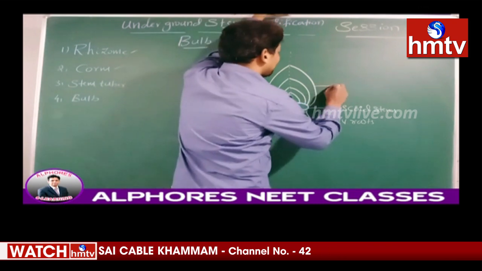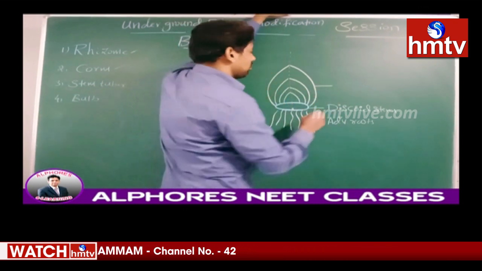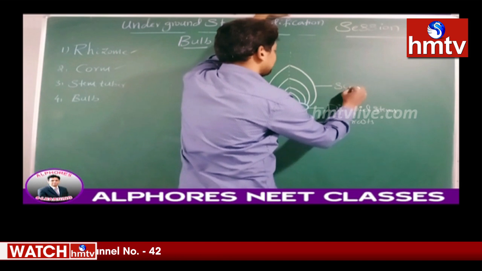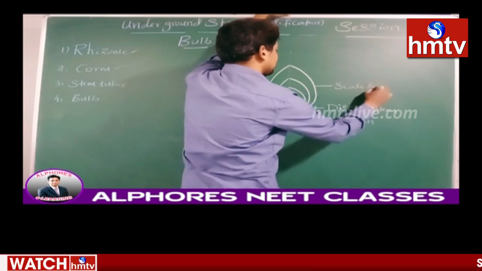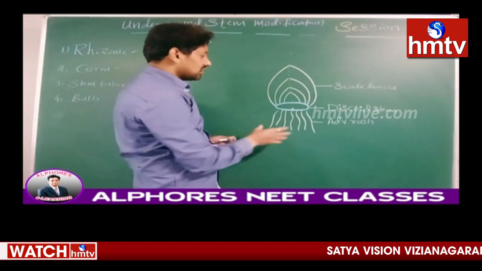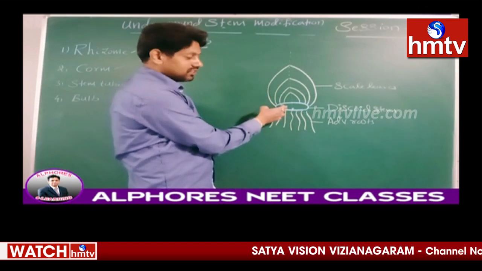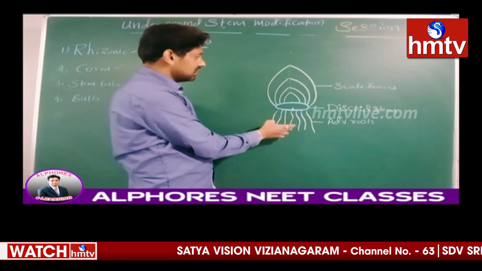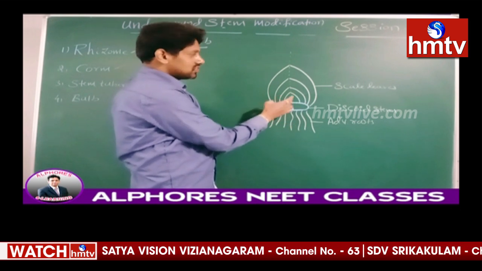Whereas from the upper surface of this discoid stem, scale leaves are developed. See this diagram? This is the lower surface of the discoid stem, where adventitious roots are developed.